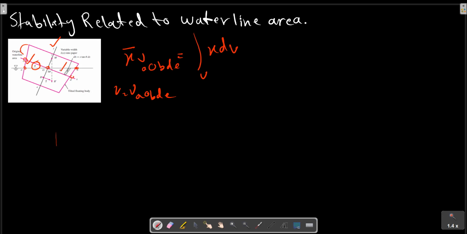So we are going to show the AOBDE portion of the floating body. We have this relation: x bar multiplied by V floating equals two parts, this part and this part, V1 plus V2.